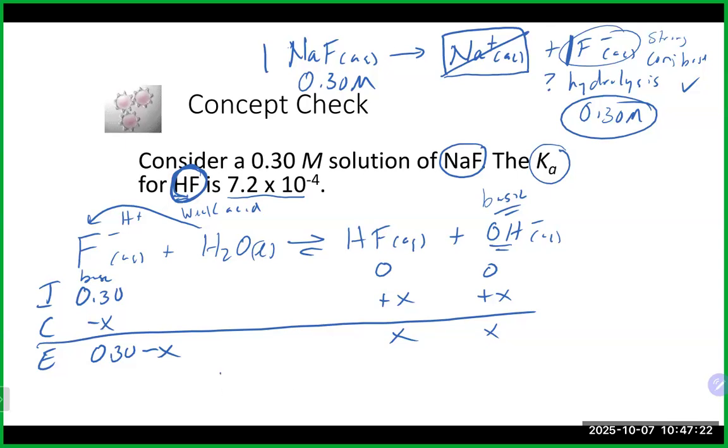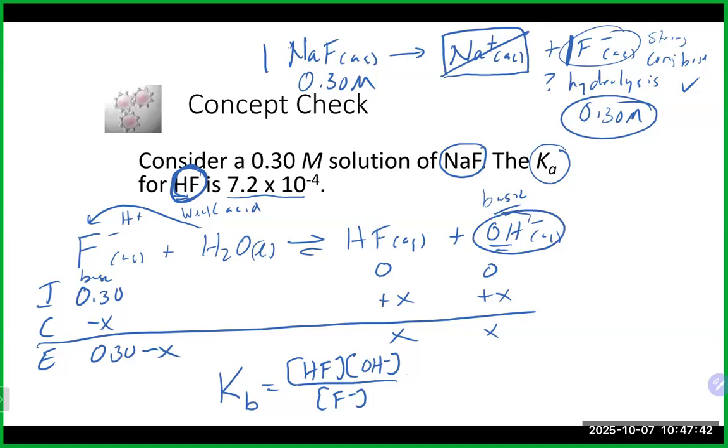This is going to go into my K value here, which is my products divided by my reactants. And that is going to be a K... this should be a Kb. I also know it should be a Kb because I have hydroxide here, right? I am not given the Kb here, right? I am given the Ka for HF.